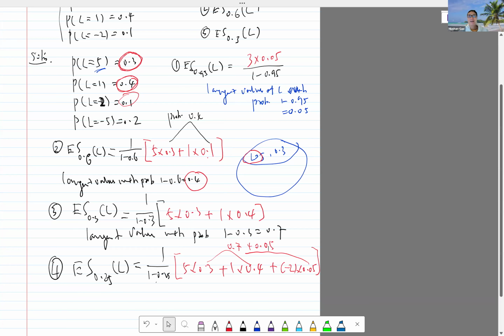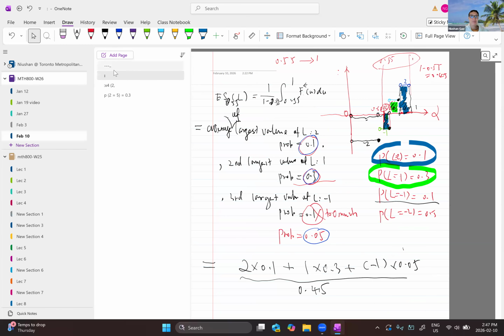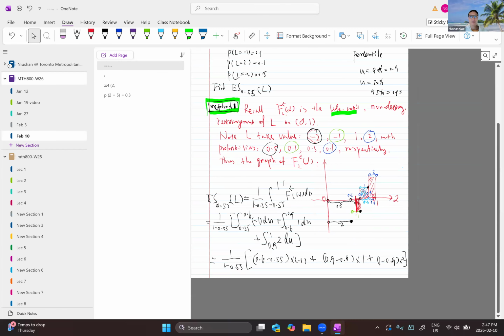Okay, so let's compare a little bit. If you use the definition to compute the exponential form, you have to make a graph of the f left arrow, which is easy to graph, by the way, because it's just a left continuous non-decreasing rearrangement of L. So you can easily draw a graph of f left arrow.